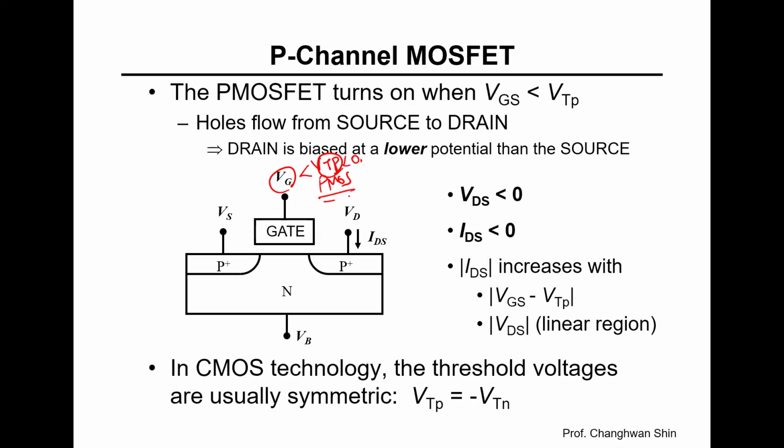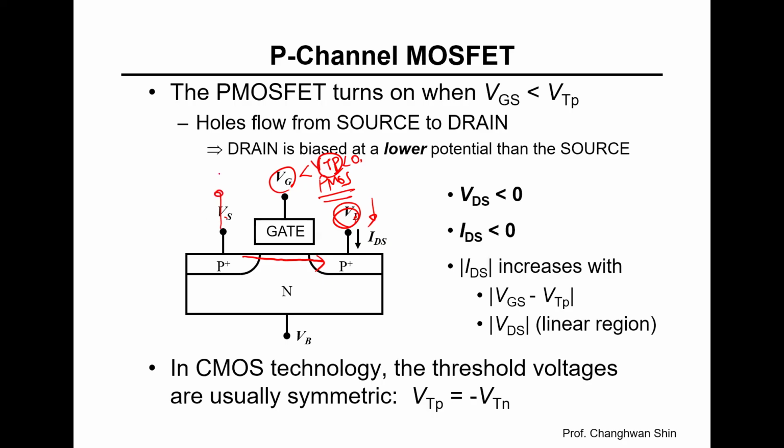And when this PMOS is activated, holes flow from source to drain, okay? Which means the drain is biased at a lower voltage compared with the source.